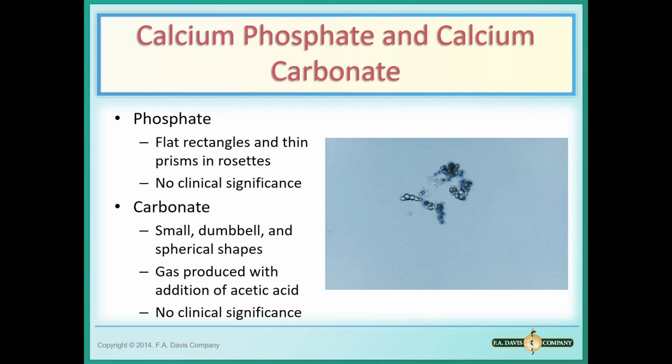I think there are a couple of things I'd have to go back and look at, because a couple of things look very similar, so I'd have to make sure that my list didn't have something that cross-referenced it. But they come in prisms or rosettes, which are just like little flowers, like flower petals. Calcium carbonate, this is what we see here, little dumbbell shapes.